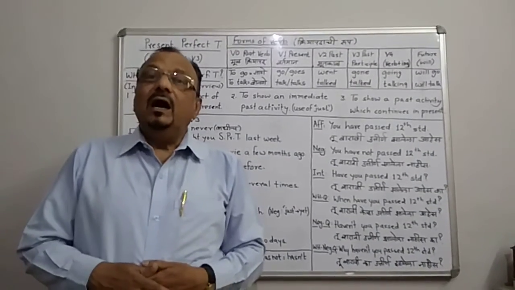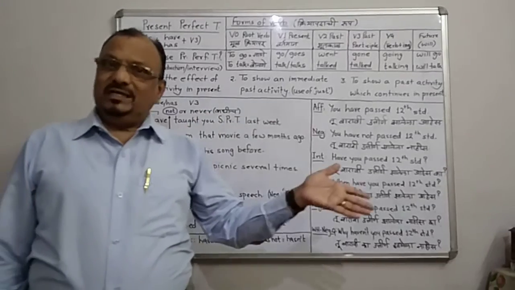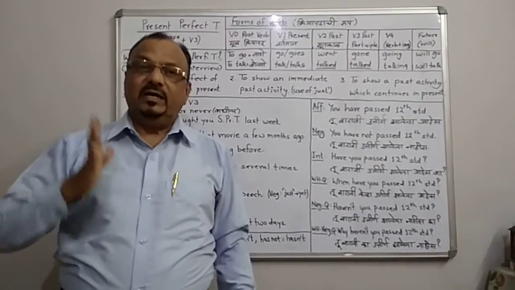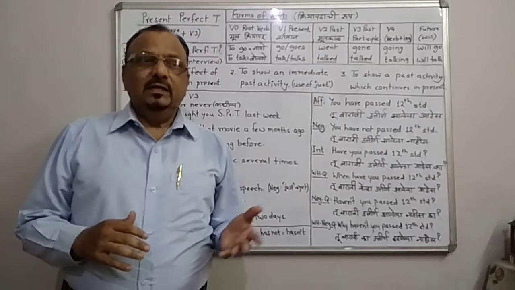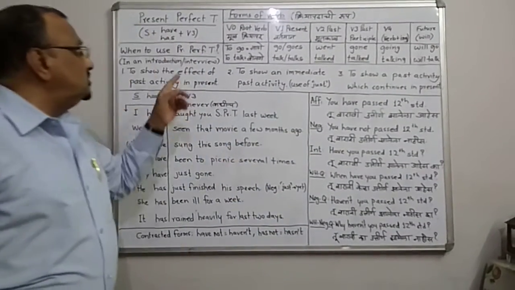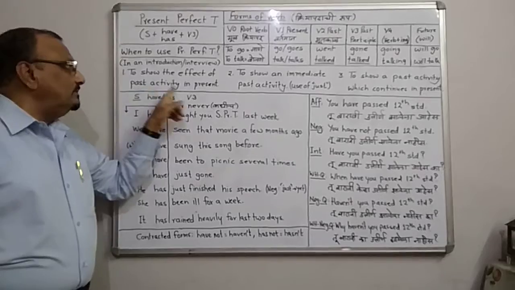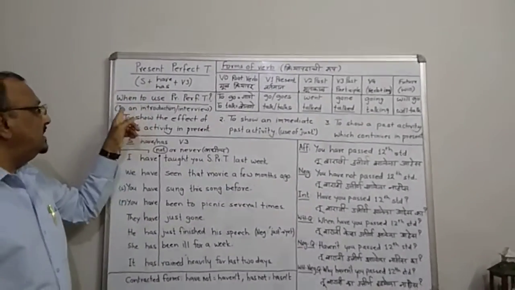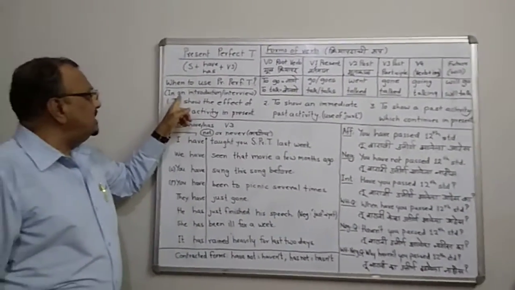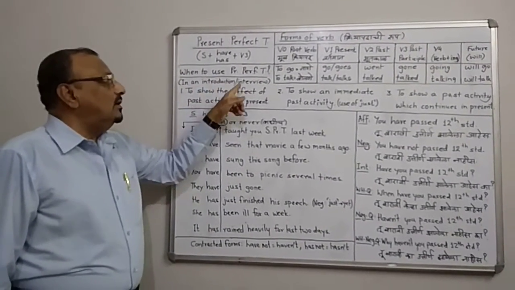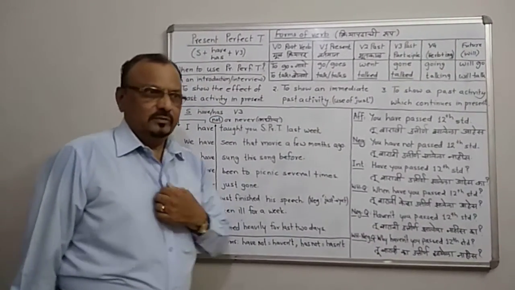He says, I have passed MBBS. Even though he passed 15 years ago, he will say I have passed. I have done MD, whatever it is. So to show the past activity in present, we use present perfect tense, and it is normally used when we introduce somebody or in an interview.